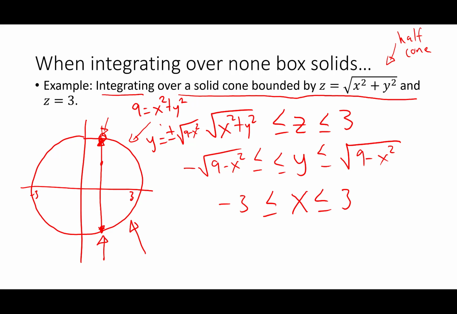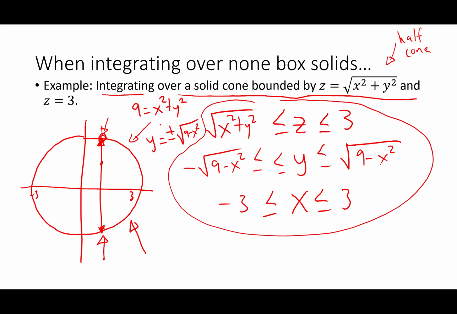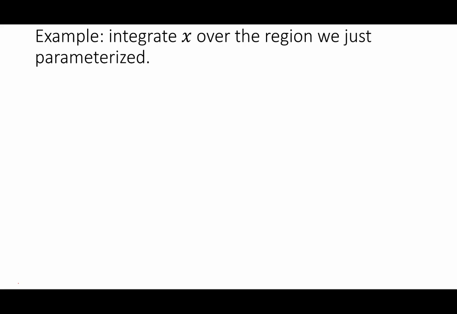So the top part is plus the square root of 9 minus x squared, and the bottom part is negative the square root of 9 minus x squared. That would be our parameterization for this solid, this cone, this filled-in ice cream cone, although only filled to the brim.